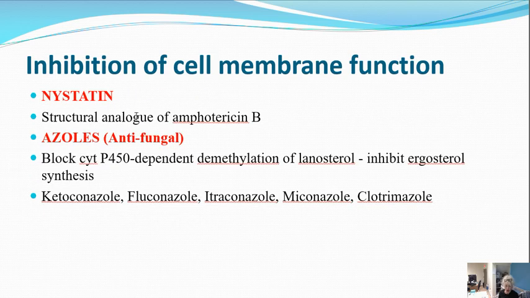Nystatin is a structural analog to amphotericin B, but is only given topically. Azoles block cytochrome P450 dependent demethylation of lanosterol and inhibit ergosterol synthesis, such as ketoconazole, fluconazole, itraconazole, miconazole, and clotrimazole. We give these for fungal infections.